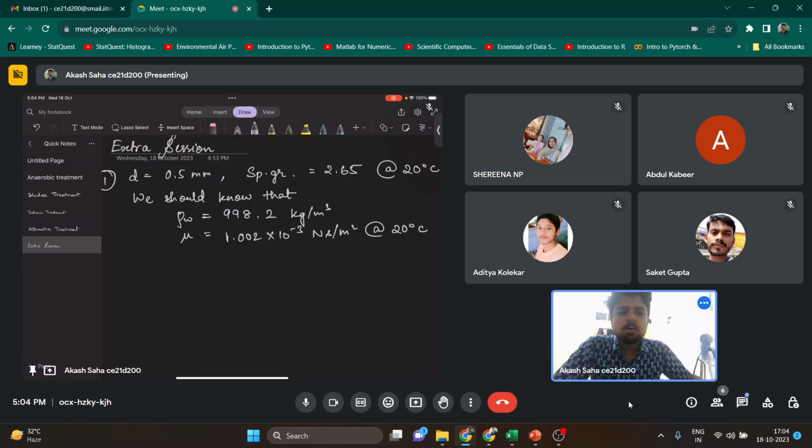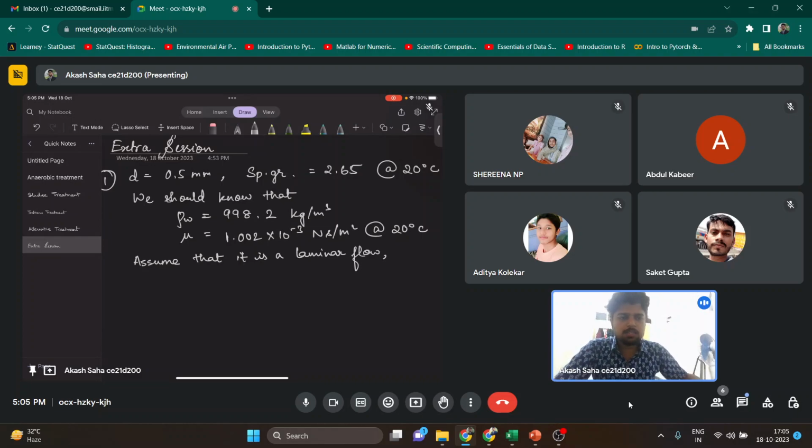And then for the first case, we have to find the terminal settling velocity, right? So we have to assume something. For starting this problem, we will assume that it is a laminar flow.